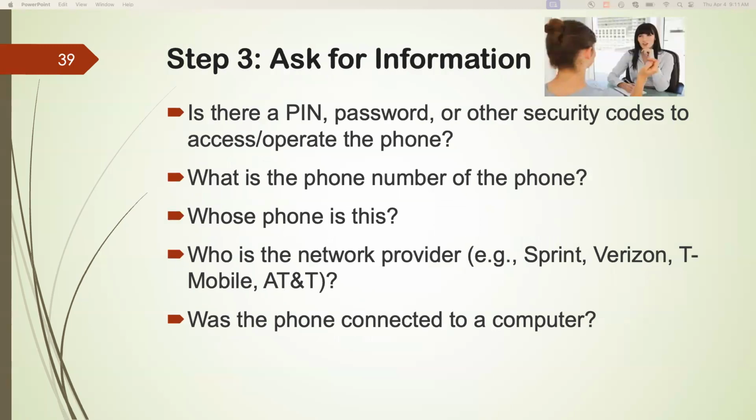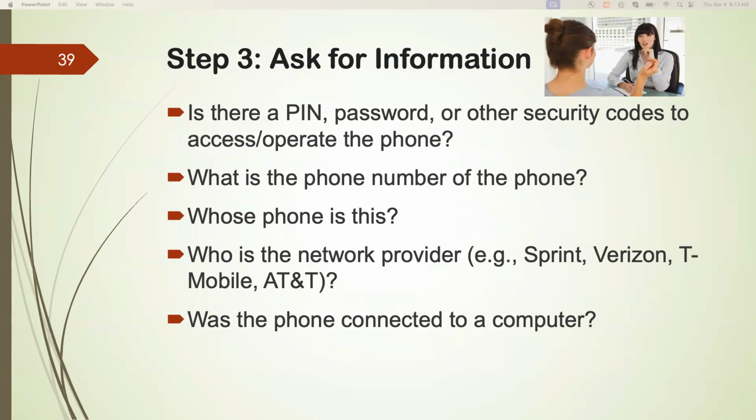All right. The next thing is asking for information. Once you have preserved the phone, like put it in a Faraday bag, or you are using a radio frequency jammer, the next thing is to ask as many questions and collect as much information as possible. Anything about the phone, about the SIM, about the owner, who pays the bill, who bought the handset, who's the user.